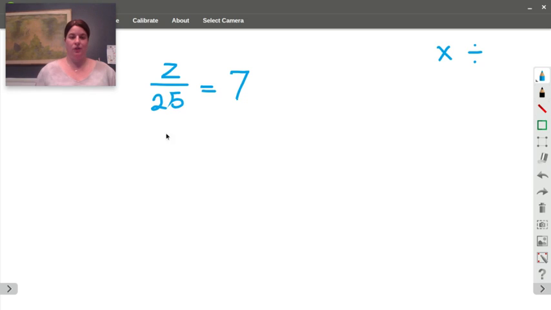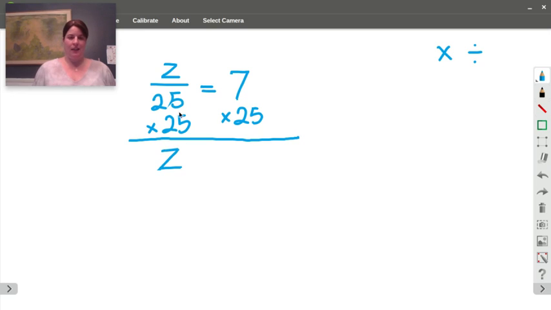So we're going to multiply this side by 25, multiply this side by 25 to get out. Okay, so for this one, we have Z divided by 25 times 25 here. So Z divided by 25 times 25 is just Z. Again, if you have a number and you divide it by 25, and then you go back and multiply it by 25, you end up with your original number.